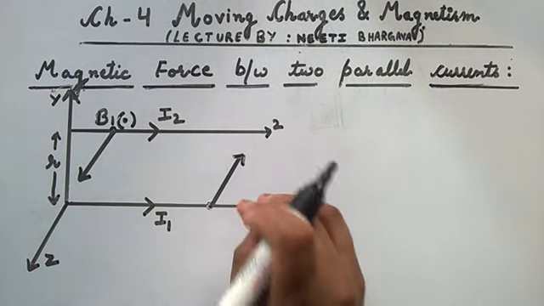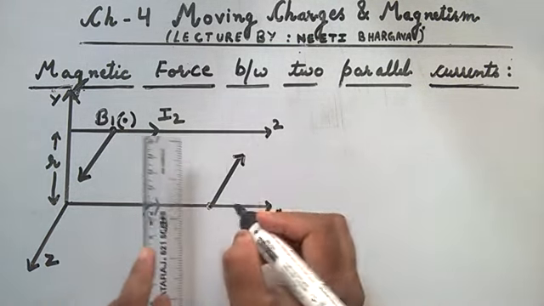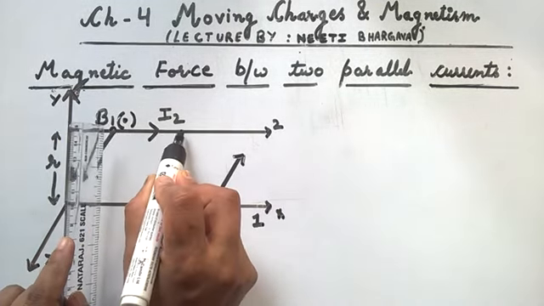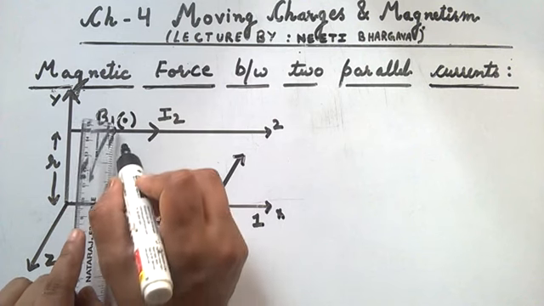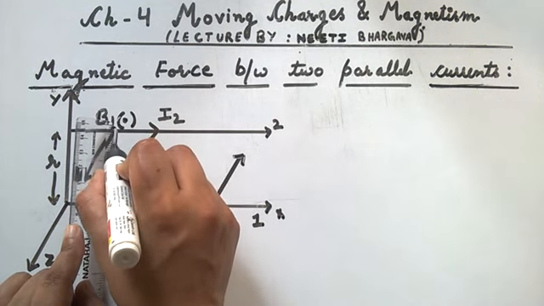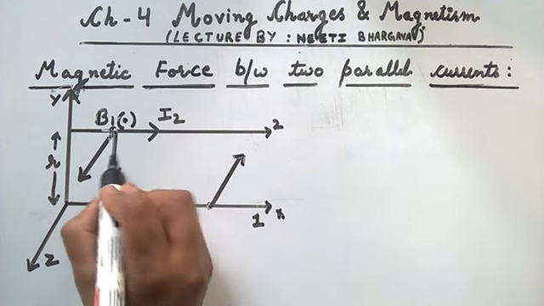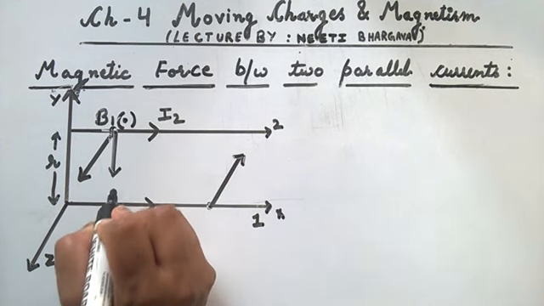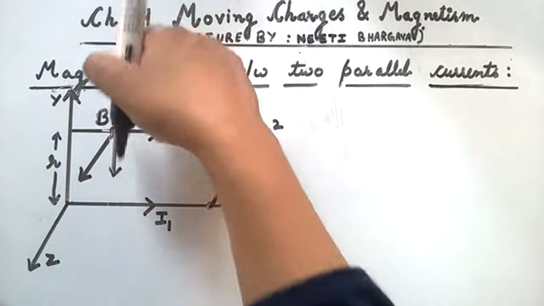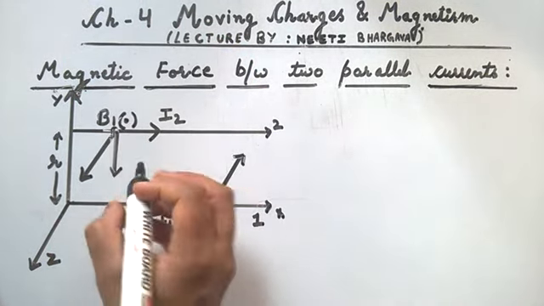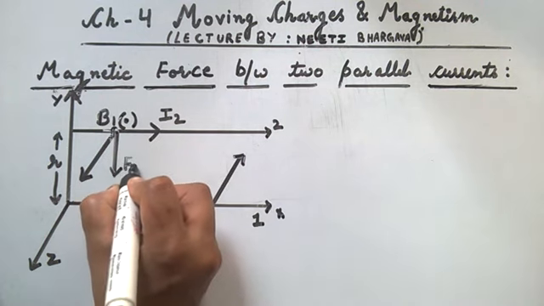Because of this magnetic field, wire 2 will experience a force, which is F2, and we can find the direction of force by the right hand palm rule, which gives the direction along the negative y axis.